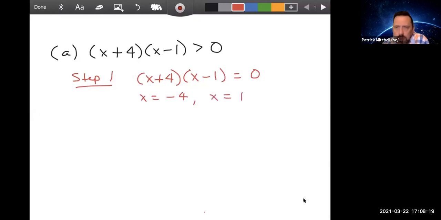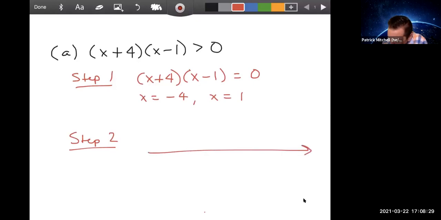I think at this point you can handle that. All right, step 2 is to draw my number line. So I'm going to plot these 2 numbers, negative 4 and 1, on the number line, which creates 3 regions. And I'm going to call those 3 regions A, B, and C.